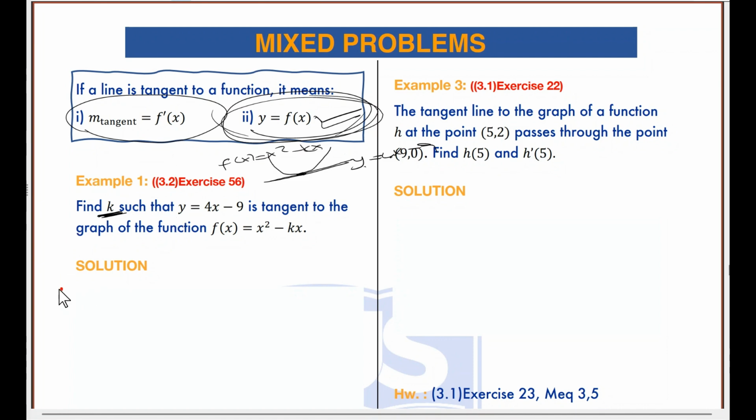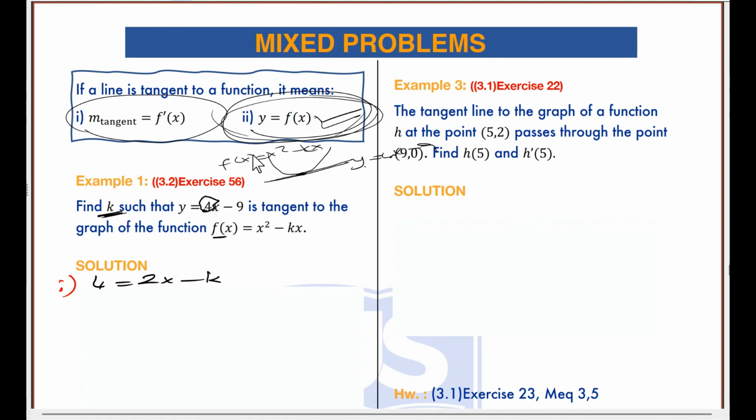So first, let's equate the slope of the tangent line to the derivative of the function. The tangent line is written in slope-intercept form, so its slope is the coefficient of x, which is 4. So 4 equals the derivative of the function. Take its derivative: x squared's derivative is 2x, minus the derivative of kx, which is k. Okay, I have two unknowns.